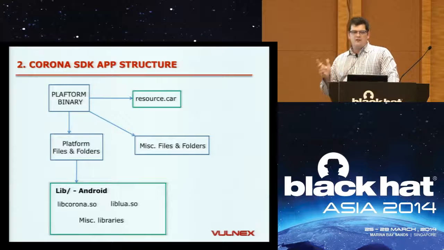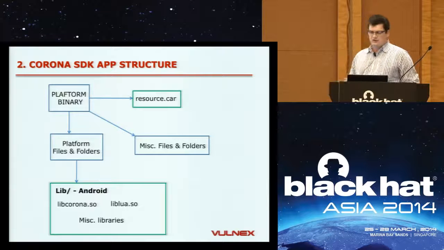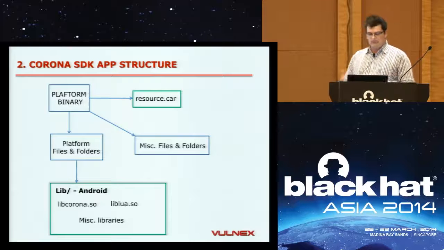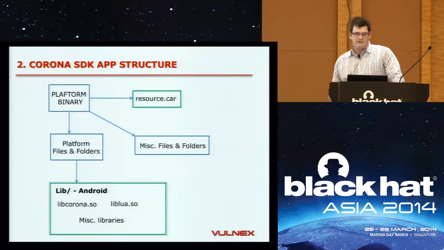And this is how Corona works, this is the structure, right? Again, we are writing an application in Lua. It gets compiled into the different platforms, and it also creates a binary, and this binary will load the resource.car file. Here we can find the entire Lua code for our application.